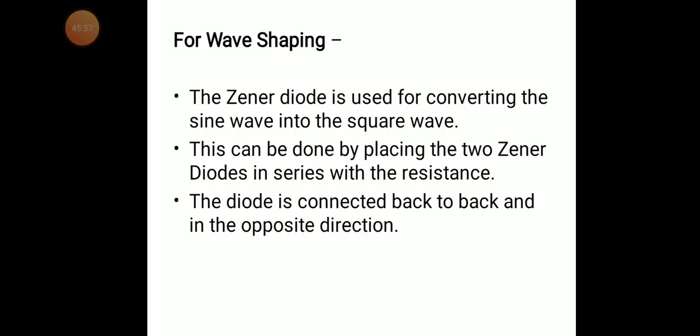What happens in the positive direction? The first diode is short circuit, and the second diode is in reverse. It will be on after reaching its Zener voltage VZ1, and it will stay on at VZ only.